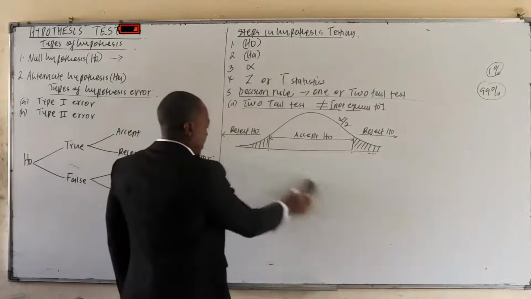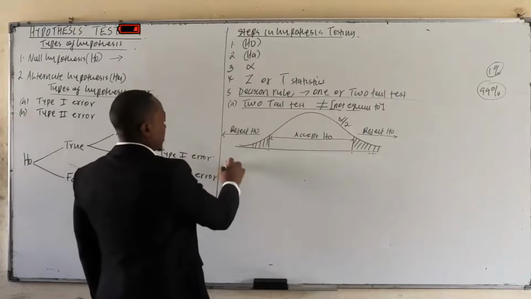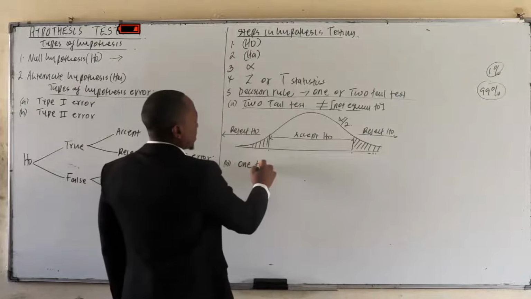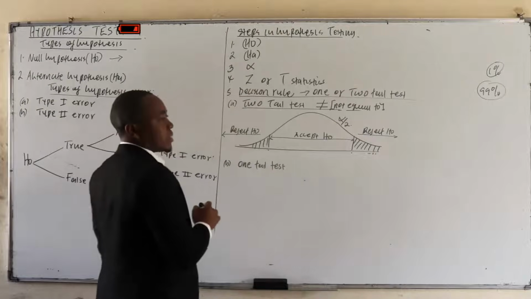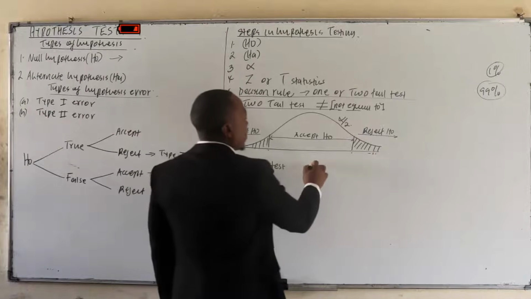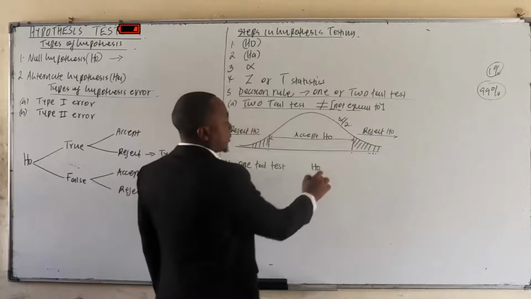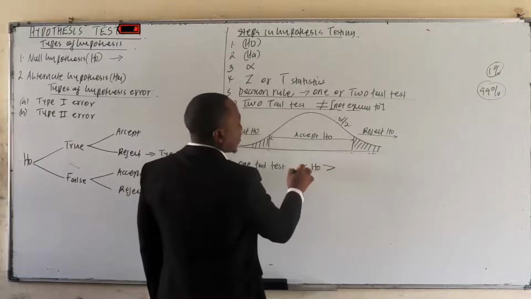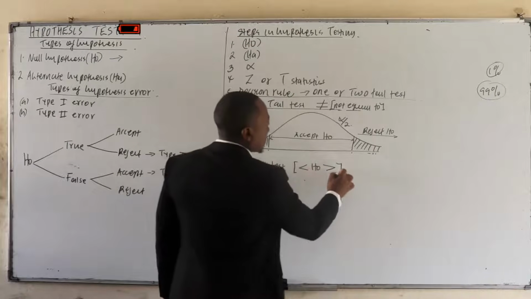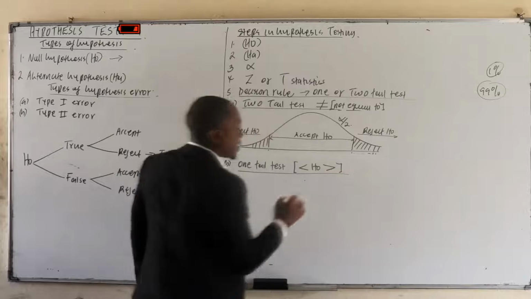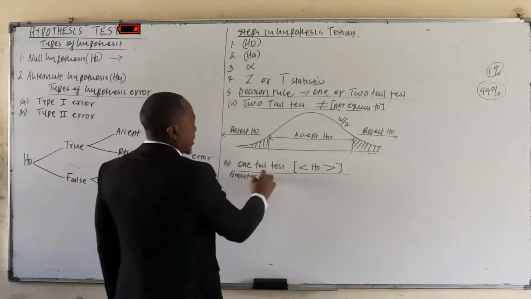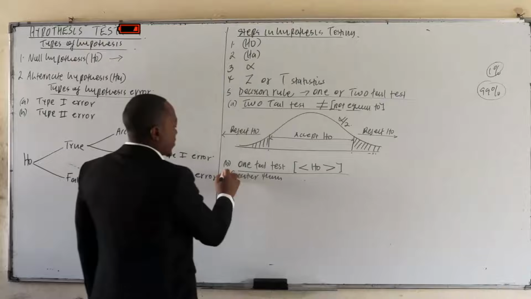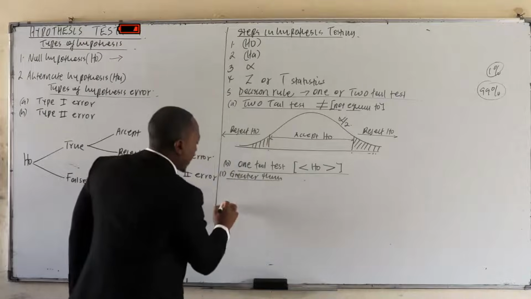Now for a one-tail test, that's number B. A one-tail test is applicable where the alternate hypothesis inequality is either greater than or less than. When it's greater than, it will look like this.